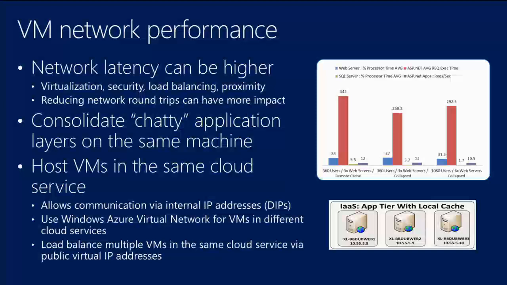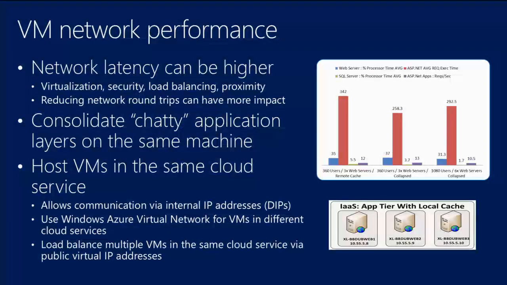We found some examples where if you just look at the architecture of your system, you can identify chatty application layers and consolidate them on the same machine. If you can do that, particularly if network latency is your bottleneck, then that can have a huge benefit.